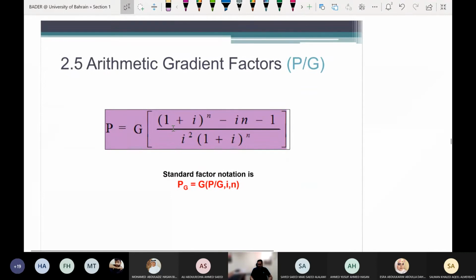We all know that we have a formula that reflects one transaction, finding present based on a future. Now, because I have an increment, I also have future. So if you remember, this represents my 200.